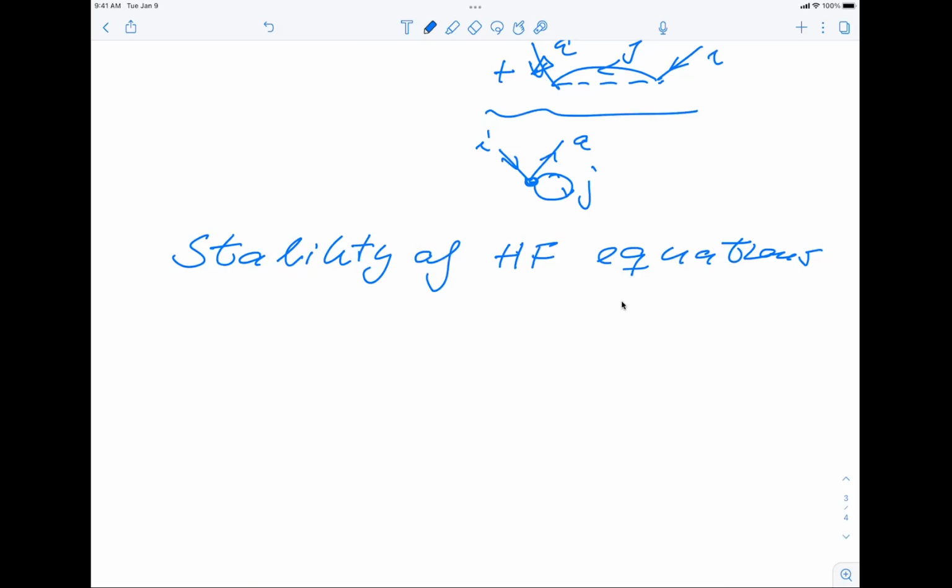But let's now assume that we keep this and we look at the stability of the Hartree-Fock equation by calculating these specific matrix elements here.